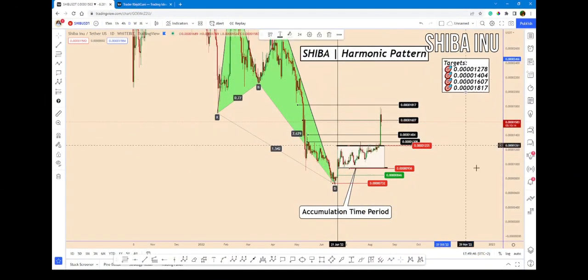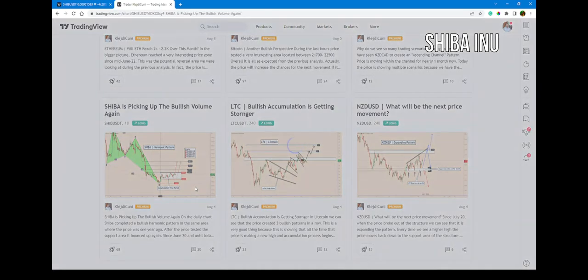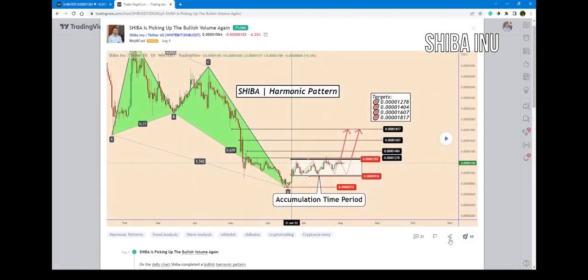I have shared Shiba some days ago on my public profile on August 4, as we can see, and here we had Shiba 10 days ago. Shiba was accumulating at this moment.